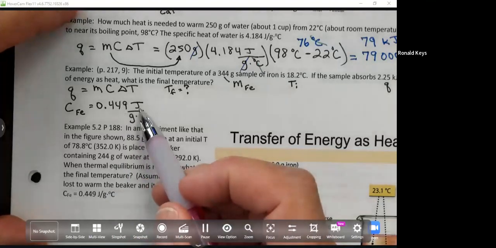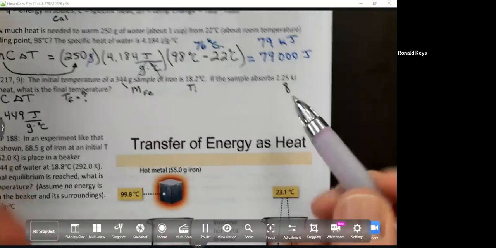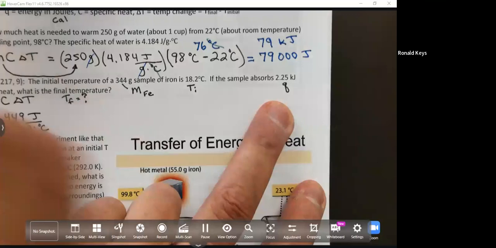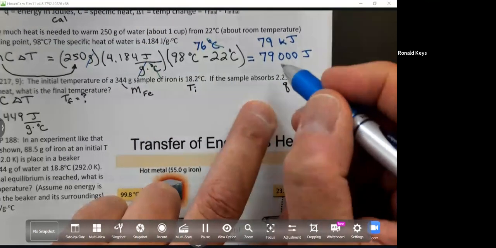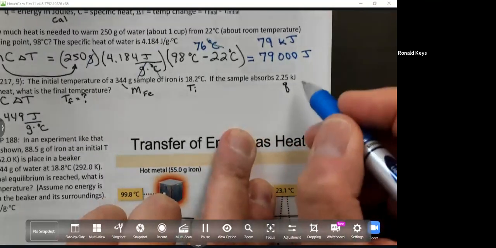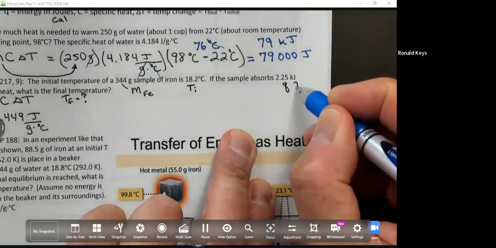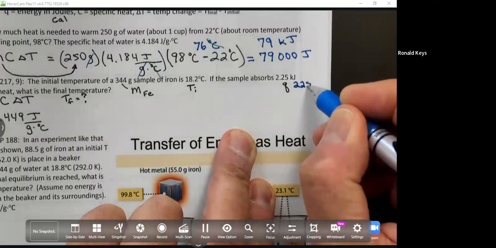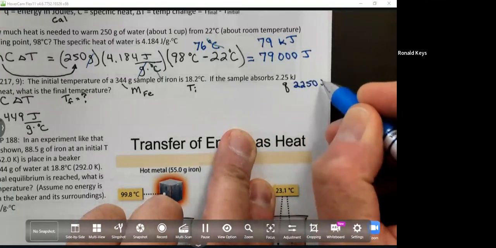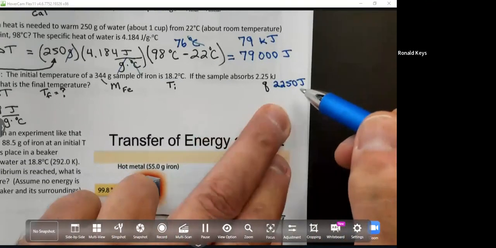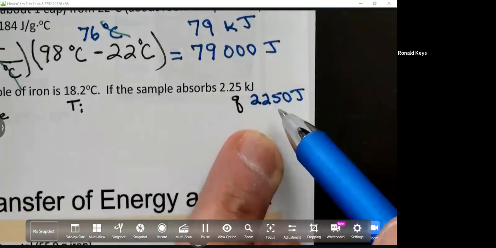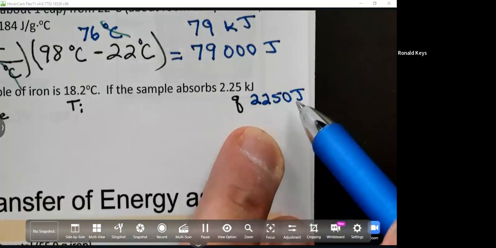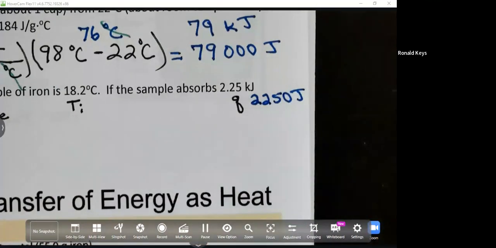So if that's in joules, let's change this right here to joules. That would be 2250 joules. So let's use that, and now we know our units are going to match. Let's start this out.